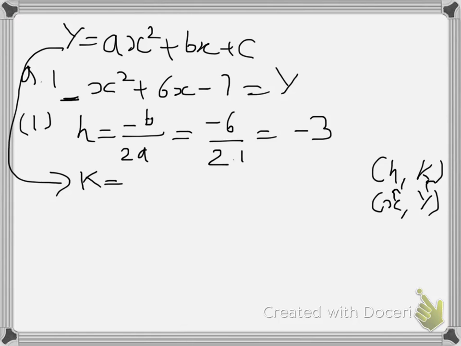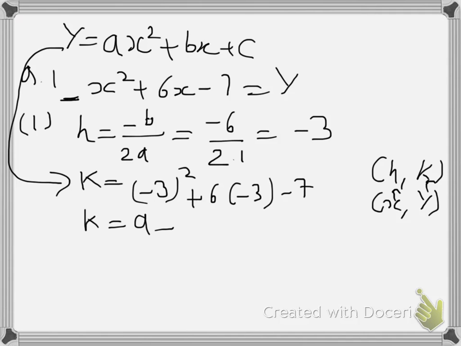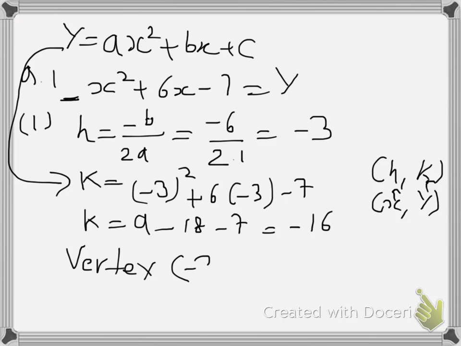So you get negative 3 square plus 6 times negative 3 minus 7. So the k value is 9 minus 18 minus 7, that gives you minus 16. Okay, so the vertex coordinate, you got it as negative 3 and negative 16.